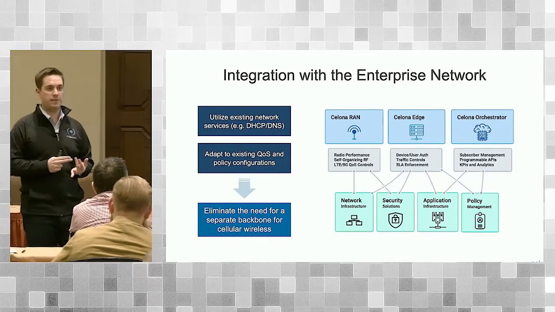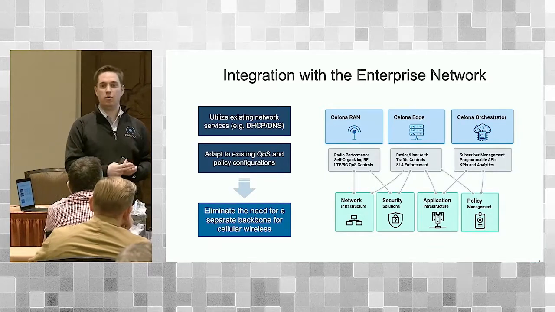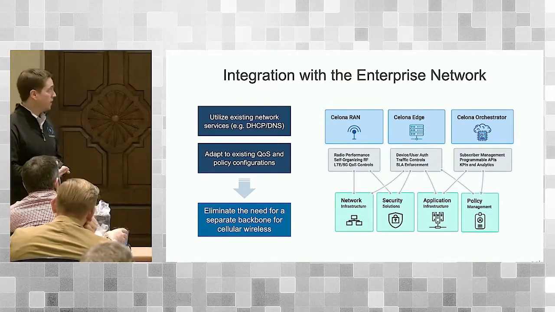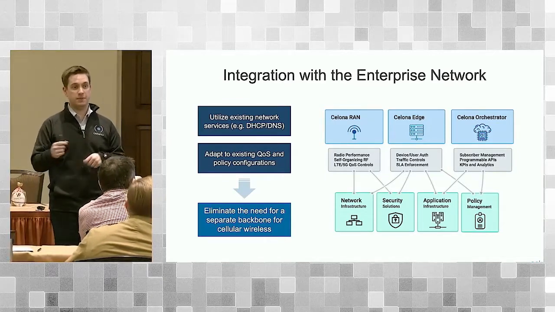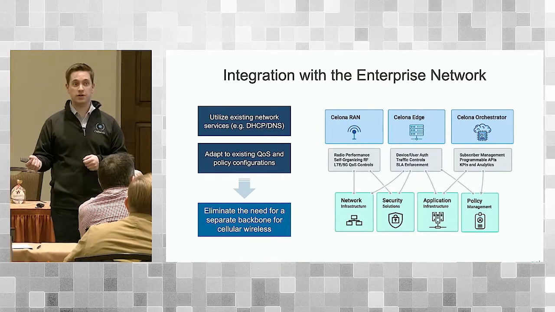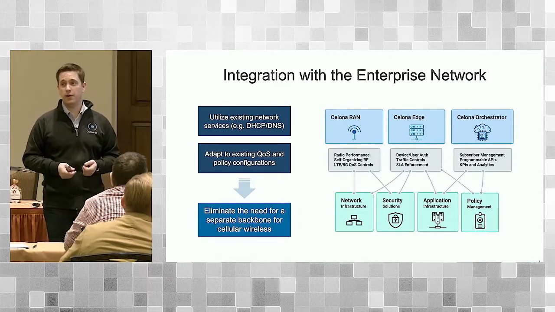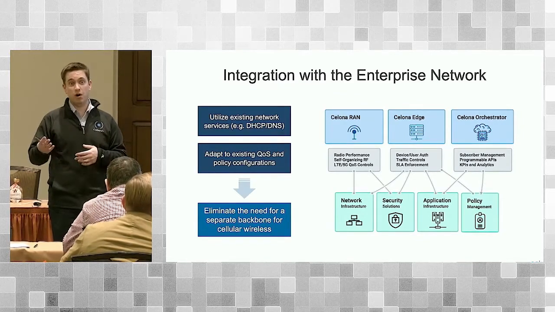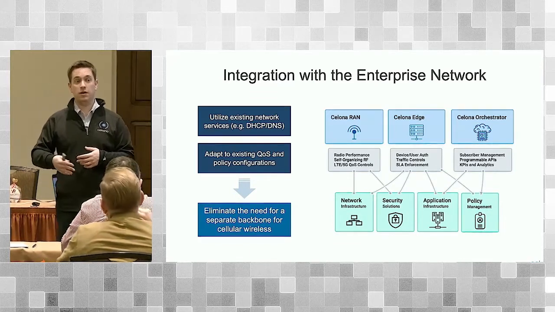For the packet core, the Celona Edge, or what we call the Edge, you're going to talk about end user authentication, how you map SIMs to users, what traffic controls you have, and what QoS policies you have for different groups and applications. From the orchestration perspective, you might want to tie in with identity management to map SIMs to users in your directory structure and derive policy off of that. You can also integrate with RADIUS servers to authenticate through the SIM, but then authorize what policy and access they have through a RADIUS system.